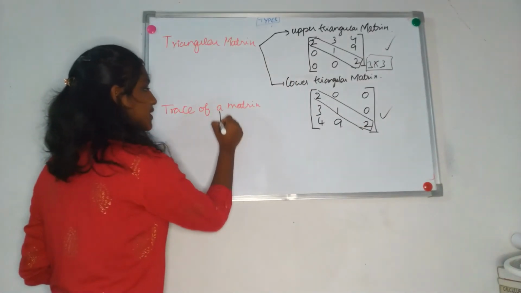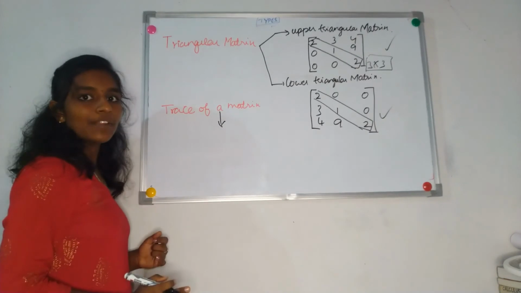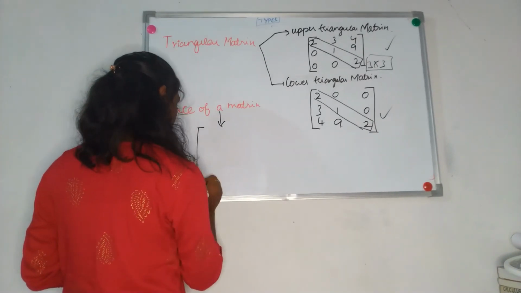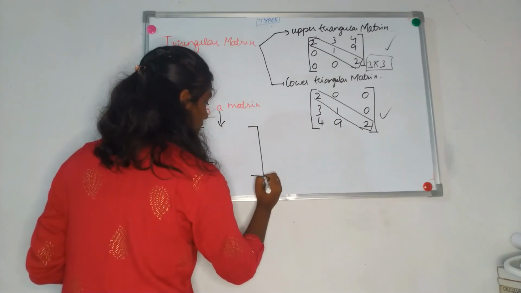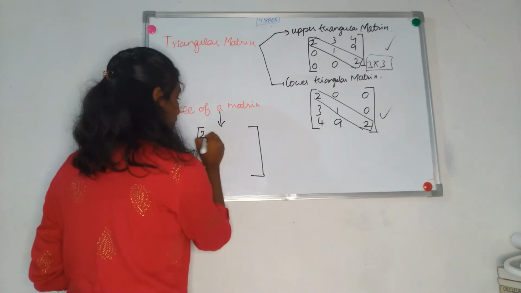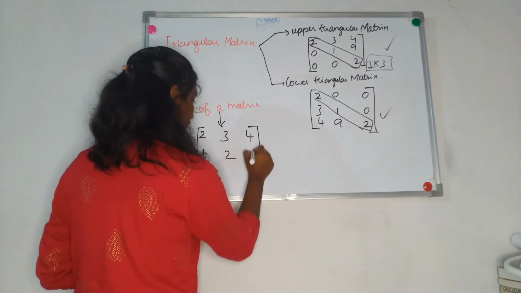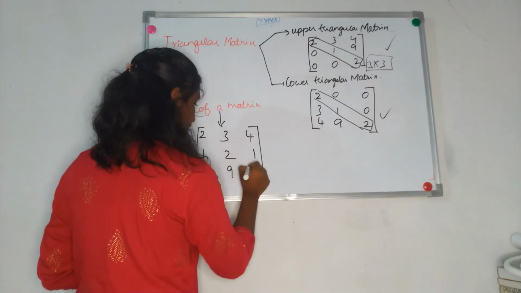Now let us look into a small concept known as trace of a matrix. What is trace of a matrix? Let me tell you. If you have some matrix over here, any matrix, let me take a matrix as example: 2, 3, 4, 1, 2, 1, 3, 9, 7.